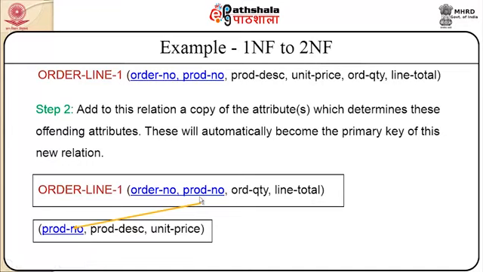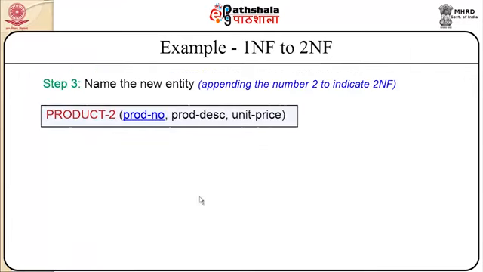Now after performing second normal form, we have converted the repeating groups table and divided that table into two different relations, order line 1 and product. After creating a new relation, we have to name the new entity.